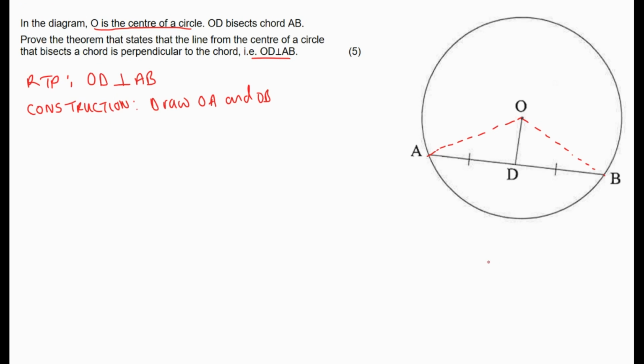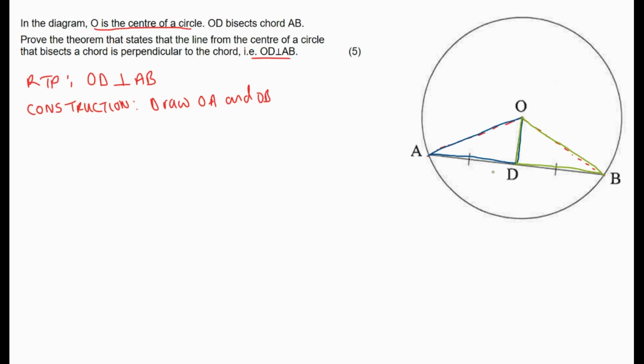And then what are we going to use to prove that OD is perpendicular to AB? You have to remember that here we use congruency. So if you check, we have created two triangles. We have created triangle ADO, and we've created triangle BDO. We have to use congruency here to prove that these two triangles are congruent.